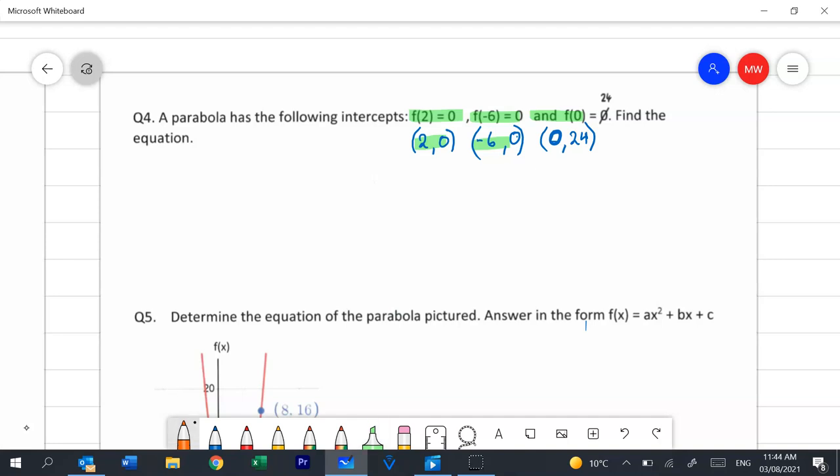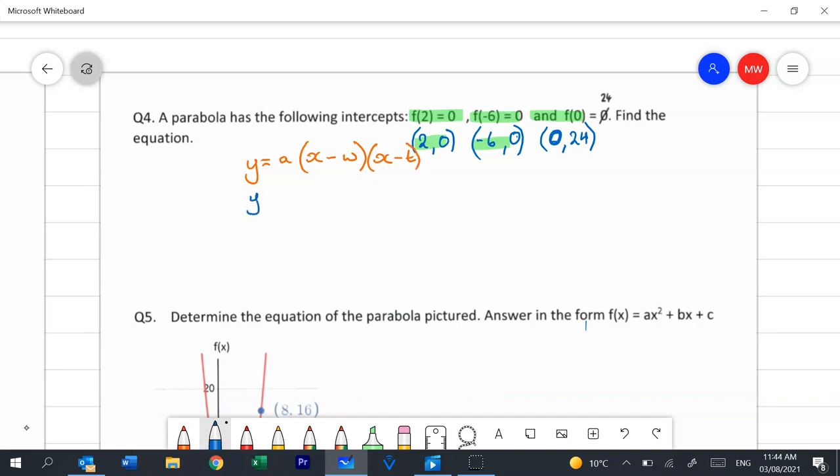So we're going to go back to our factorized equation, y equals a outside of (x minus w)(x minus t), and we'll sub in what we can.